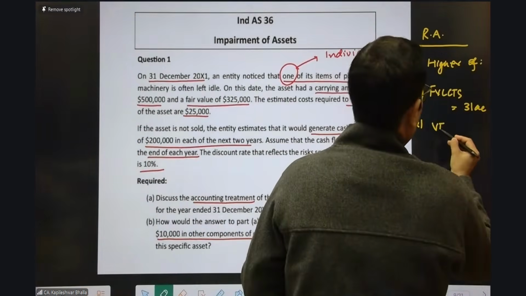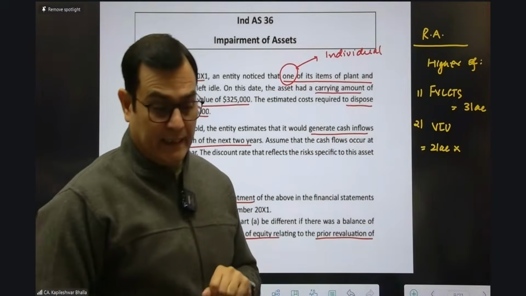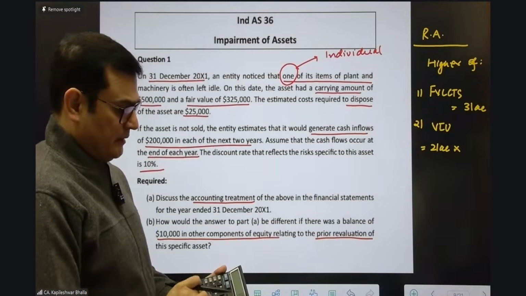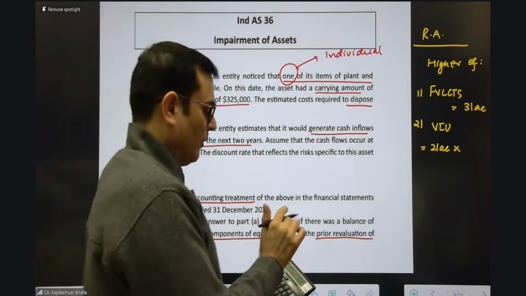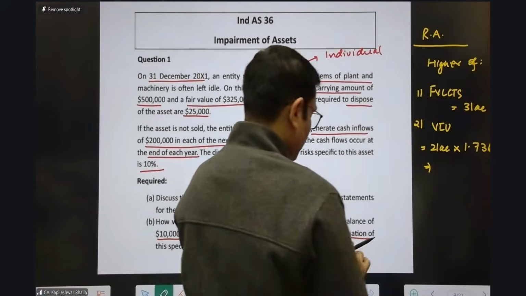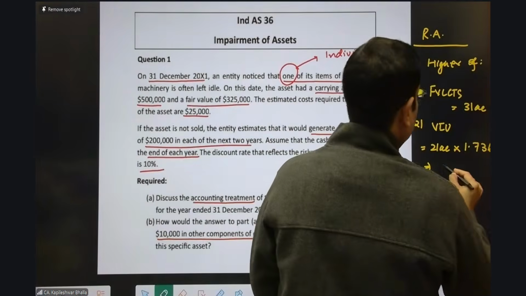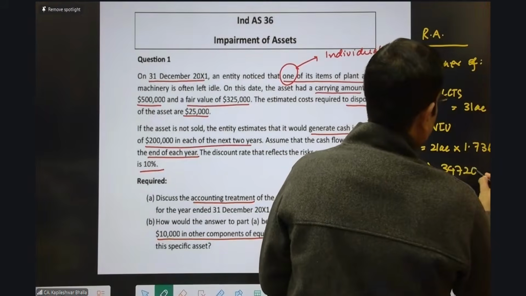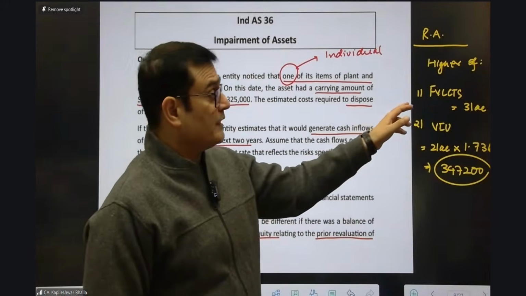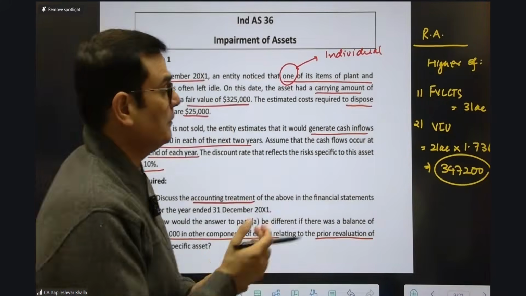So let's calculate the VIU. Let's take the present value of this 2 lakhs at 10% discounting rate. At 10% discounting rate, this is 1.736. So the present value of this is 347,200. The recoverable amount is the greater of the two, so 3 lakhs or 347,200, whichever is greater becomes the recoverable amount.